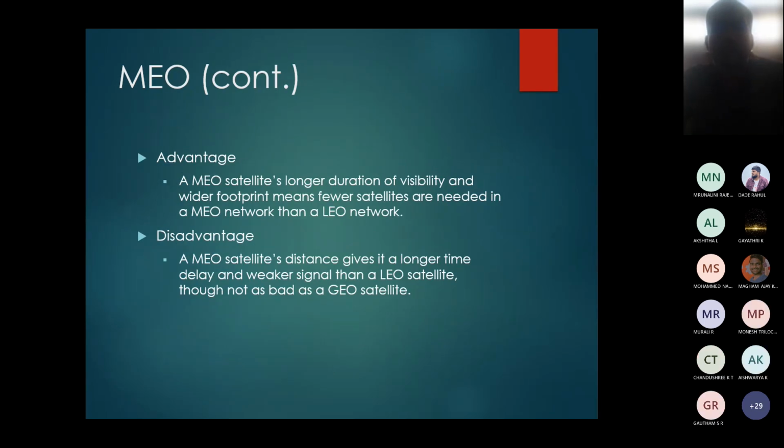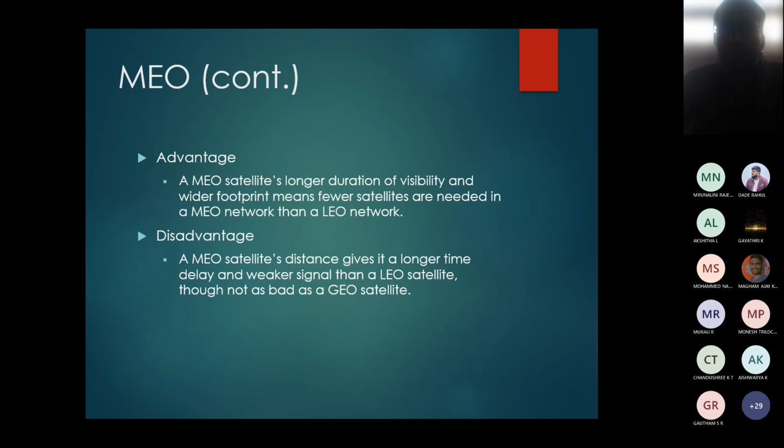And the advantage of MEO satellites is that they remain visible for a longer duration in comparison to LEO, and they have a wider footprint. Footprint in the sense it is the coverage. And in comparison to LEO, we need fewer satellites when we are launching a network of satellites into MEO orbit.